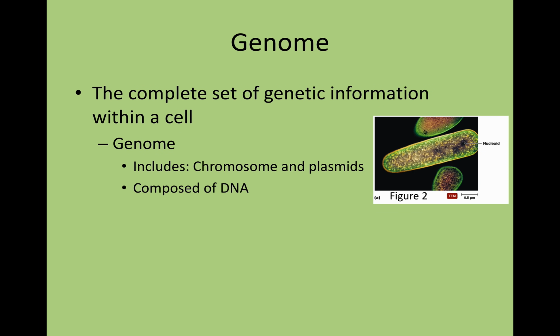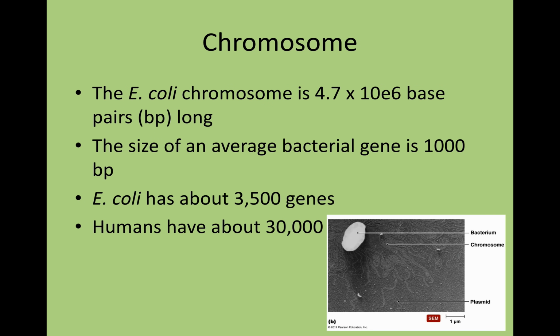The bacterial genome, the DNA, is the complete set of genetic information. So there's a chromosome, and some bacteria have plasmids. Remember, the chromosome is single and circular in bacteria, and some may or may not have plasmids. The chromosome of E. coli, for example, is 4.7 times 10 to the 6 base pairs long.